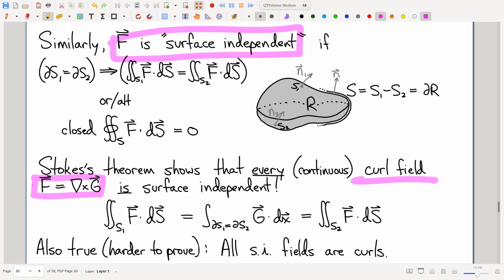Any vector field that is a curl of something else is surface-independent. And how are we going to see that? Well, it turns out the fundamental theorem of line integrals is not the right tool, but Stokes' theorem is.